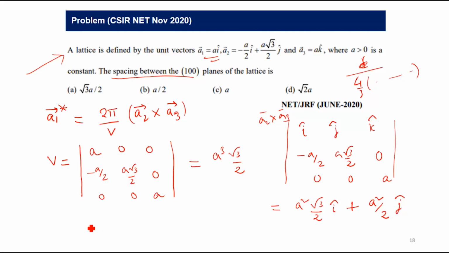So the reciprocal lattice vector A1 star will be equal to 2 pi divided by A cube root 3 by 2, into A square by 2, which will be common, and this will be root 3 I cap plus j cap. Is this the reciprocal lattice vector?